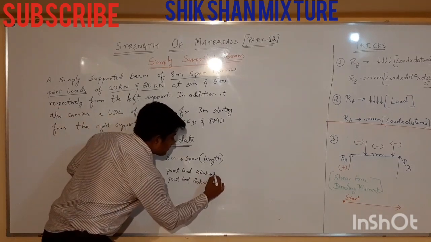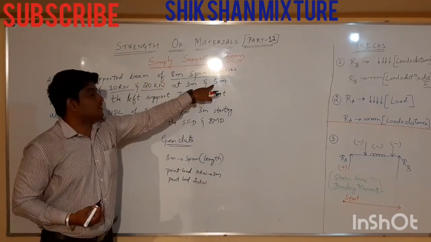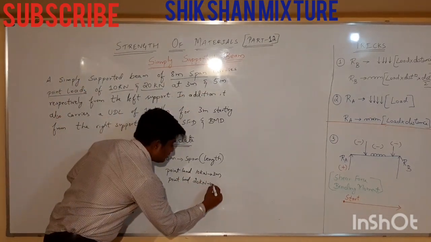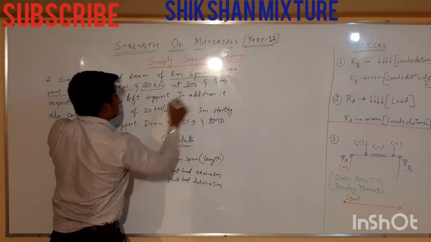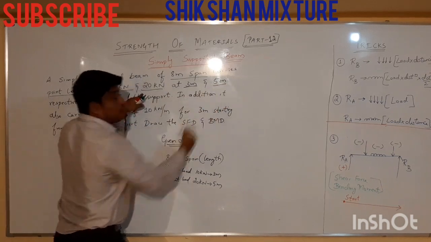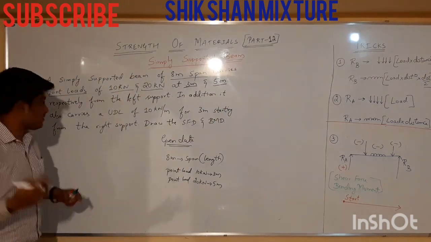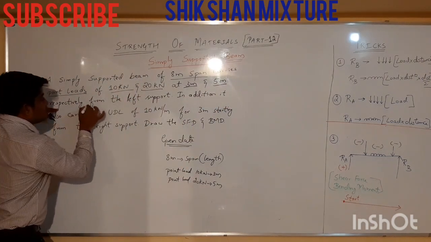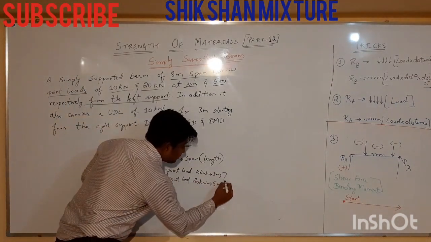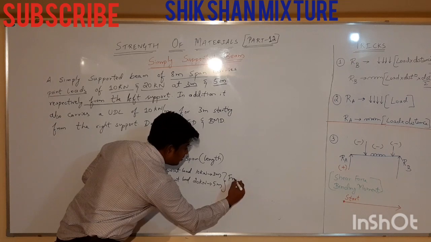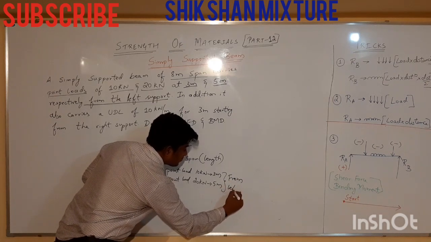Write down 3 meter here, and another is at 5 meter. 10 kilonewton is at 3 meter. 20 kilonewton is at 5 meter. From where? From left support. You write down this.